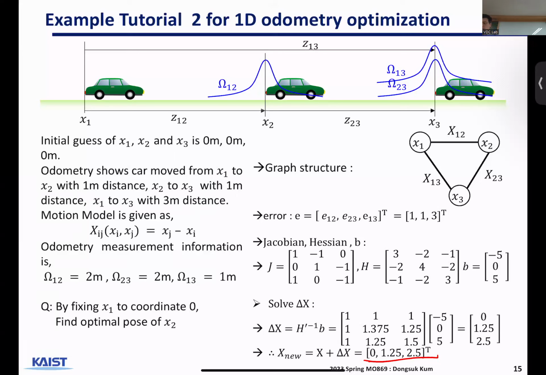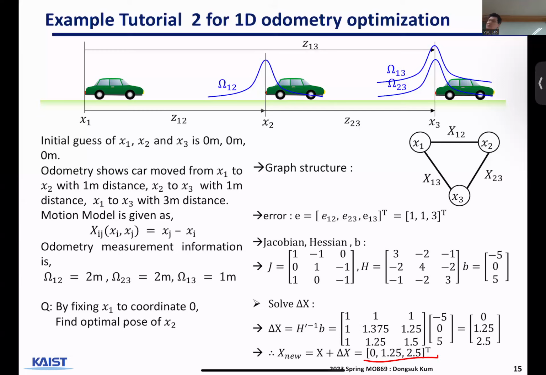And then if you look at Z12, which was 1, but considering this Z13, which was stating 3, maybe you have an error for Z12, so it should be 1.25 instead of 1. And then Z23 will be 1.25, right?